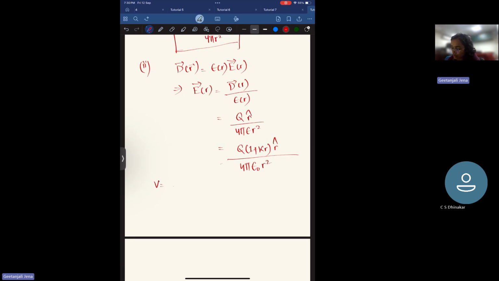So V is minus the integral of E dot dr from B to A. This would be minus Q by 4 pi epsilon naught, integral from A to B of (1 plus kr) by r square dr.